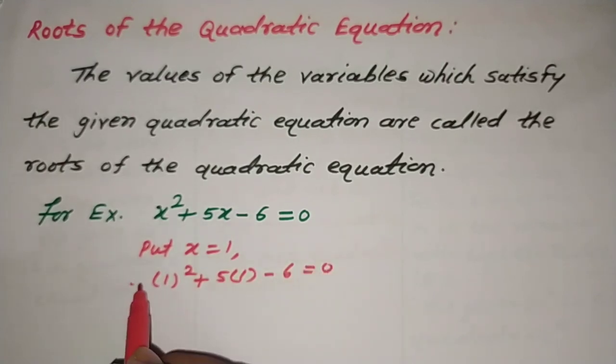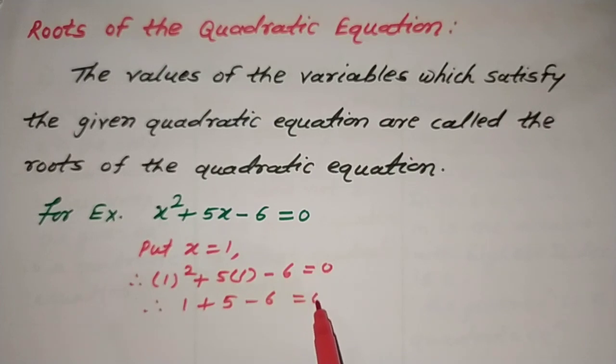The square of 1 is equal to 1. 5 into 1 is 5. 1 plus 5 is 6. 6 minus 6 is equal to 0. So 0 is equal to 0. It means the left hand side is equal to the right hand side.